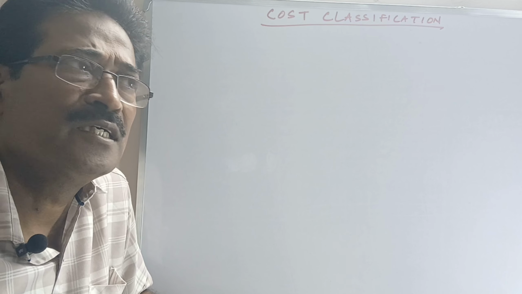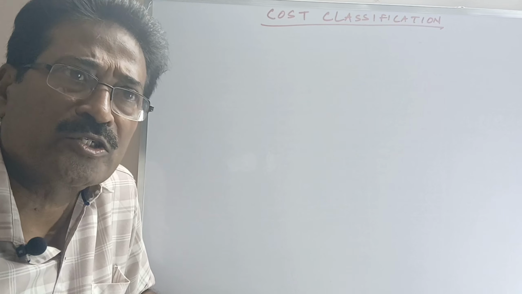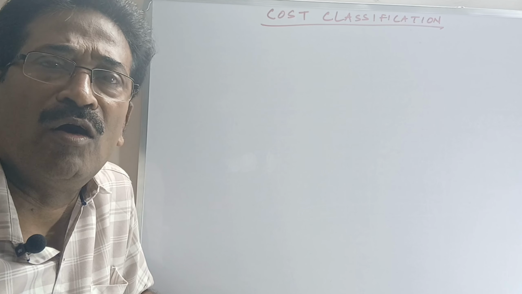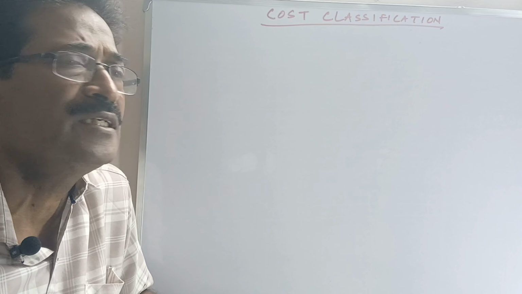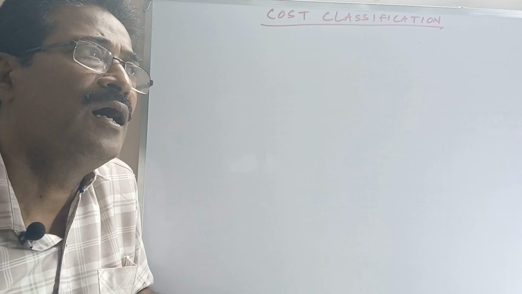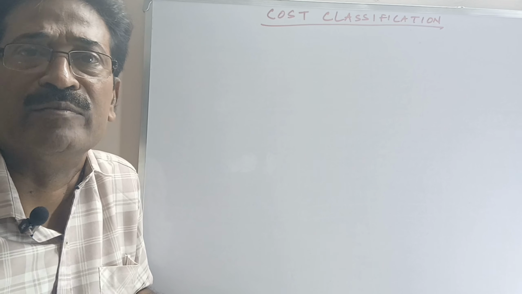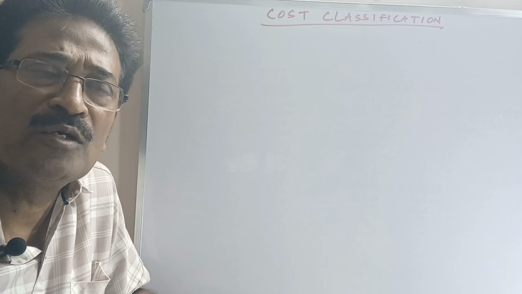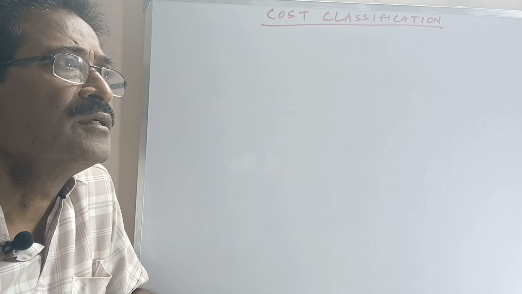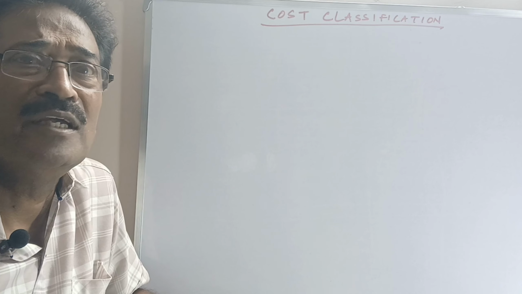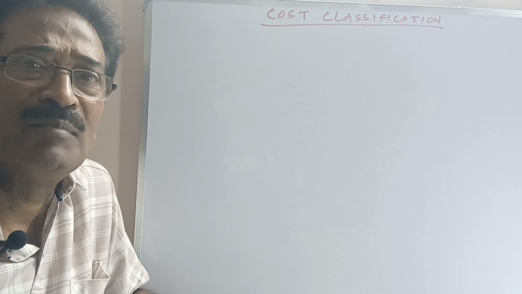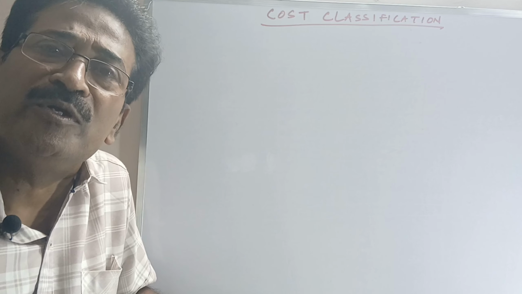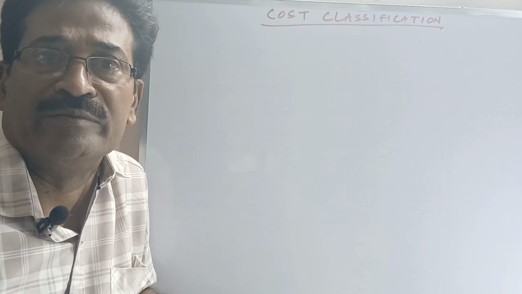In a word, controllability of cost depends upon the area of managerial responsibility and upon the time duration it involves. Some cost which appears uncontrollable in the short run may be controllable if we consider it in the long run.